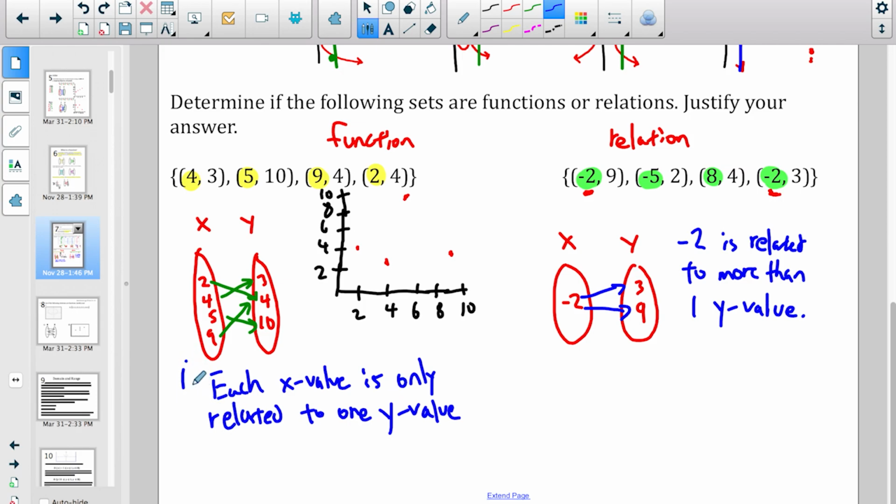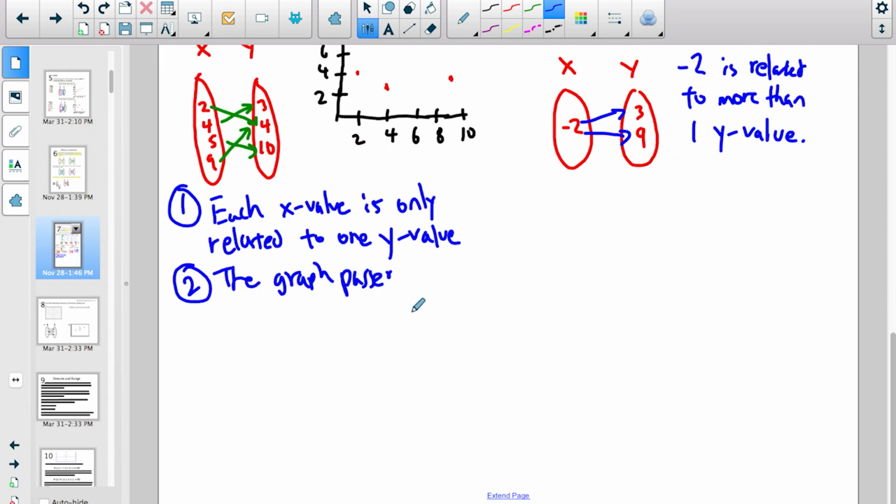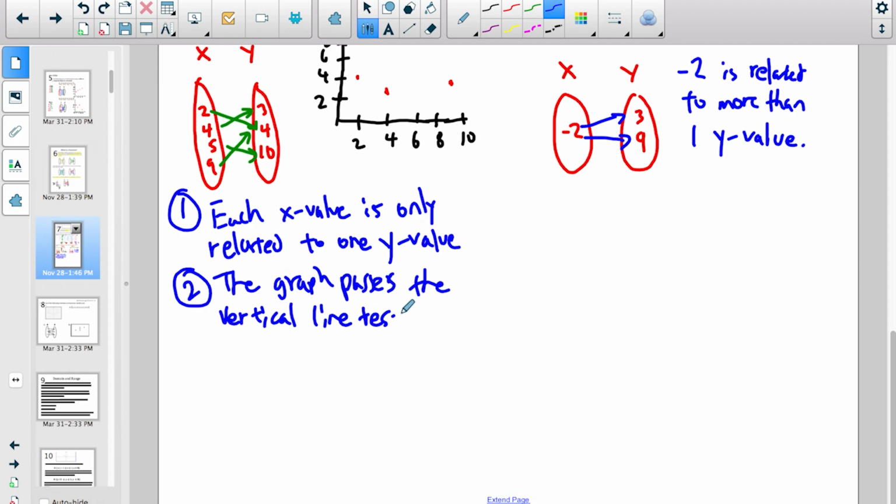Or alternatively, you could say that the graph passes the vertical line test, which means that it only passes through once at most.